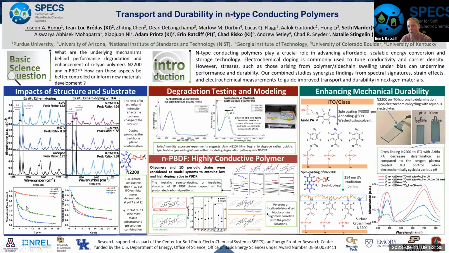And on the bottom, we've got changes in the peak currents of the N2200 as a function of pH and oxide support, which motivated, on the far right side over here, the phosphonic acid cross-linking approach from the Marder-Barlow groups and the controls associated with that.